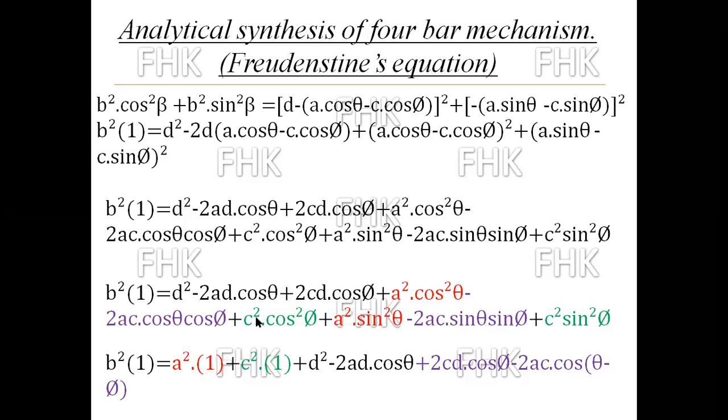Plus this c square and this c square I will take common, and again sin square phi plus cos square phi will become 1. Okay.